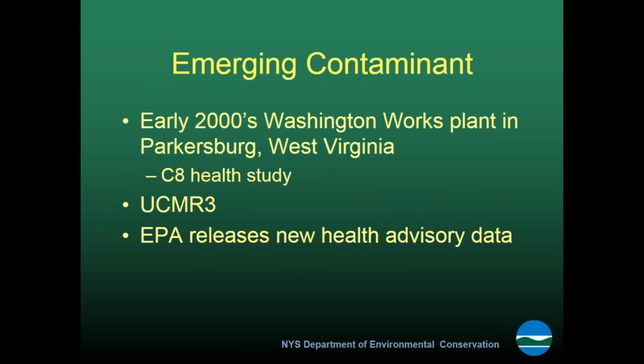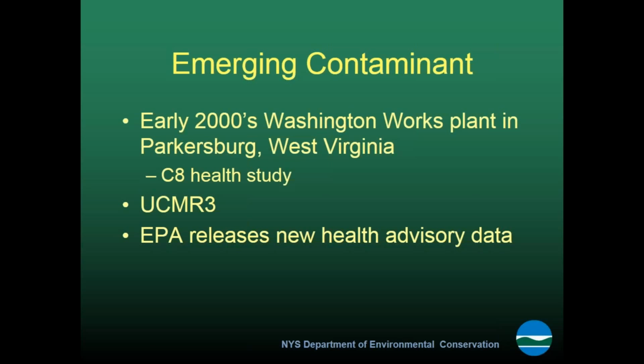In the early 2000s, the Washington Works plant in Parkersburg, West Virginia, was identified as a significant Superfund site. One of the results of that cleanup was a very substantial health study. So this is one of the more heavily studied chemical families in recent years.